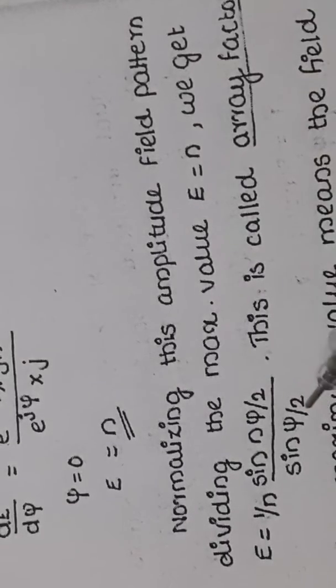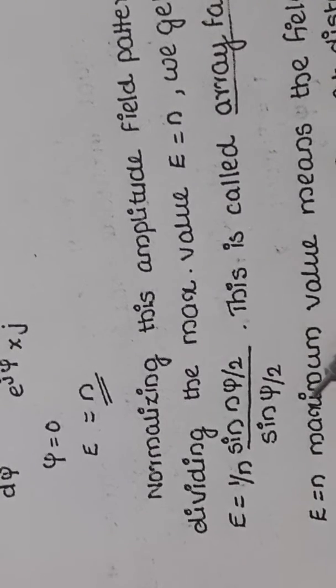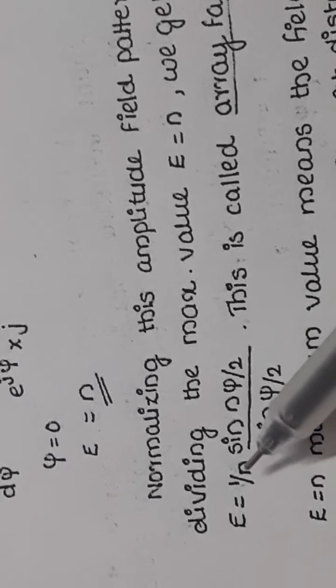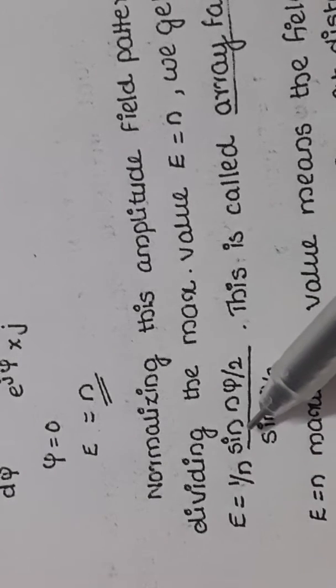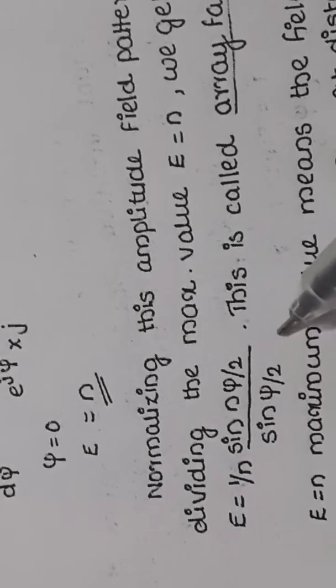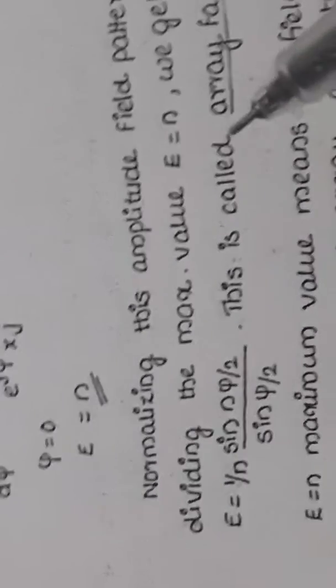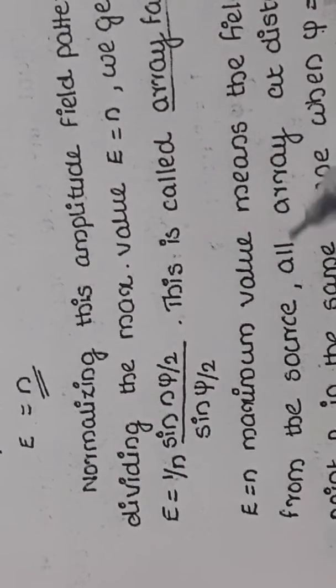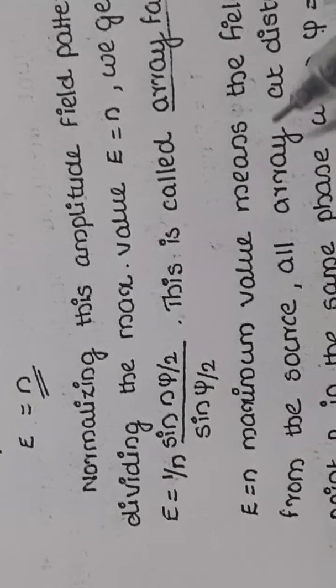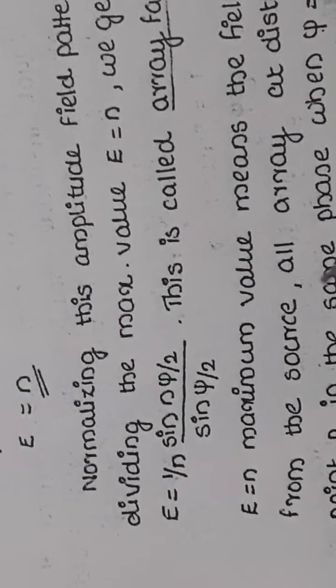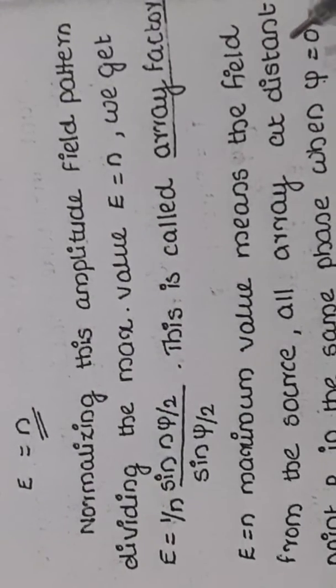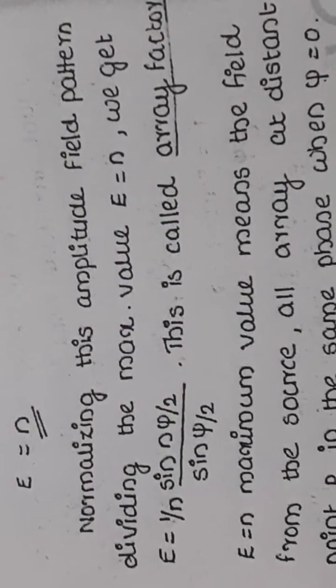Whatever we got by using the n element array, n is the maximum value of E, which means the fields from all the array sources at a distant point P are in the same phase when ψ equals 0. When ψ is not equal to 0, we get the previous equation.